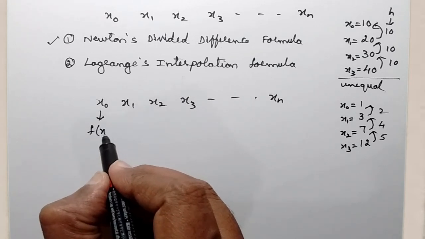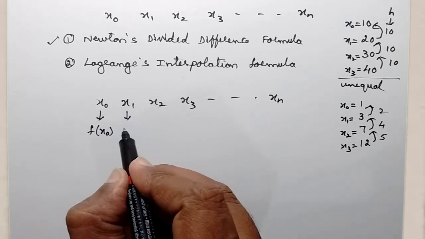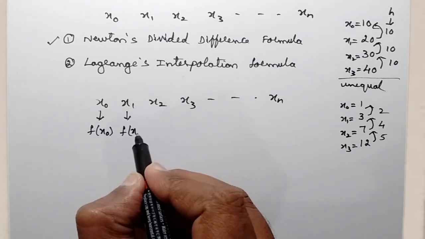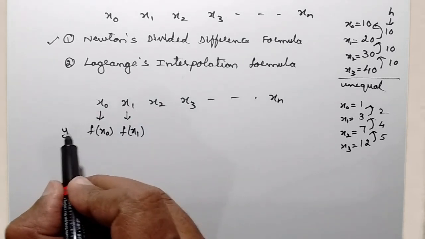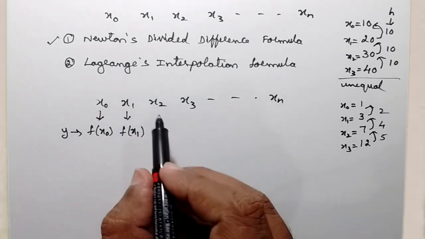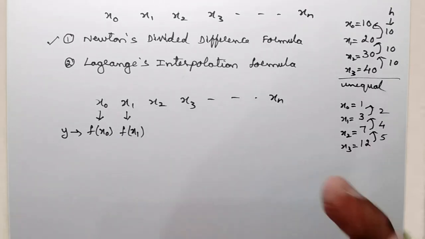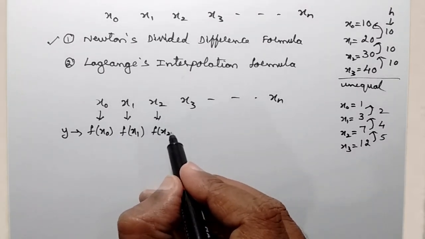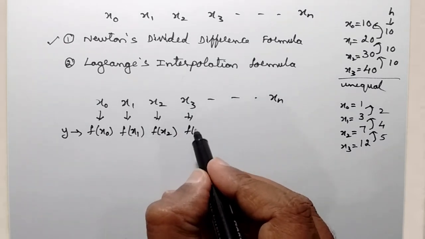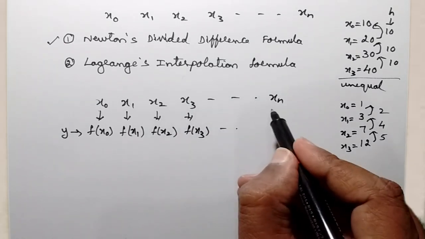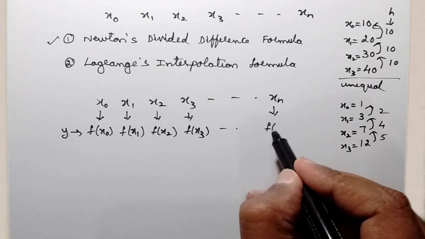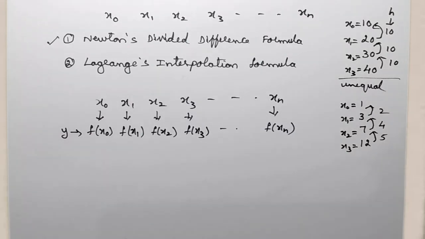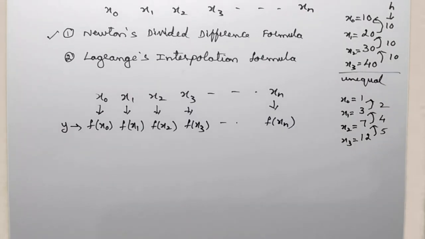At x0 you have f of x0, at x1 the corresponding value will be f of x1, or you can even represent this by y also. So y is equal to f of x, that is the general form. This will be f of x2, f of x3 and so on, and the corresponding value will be f of xn.